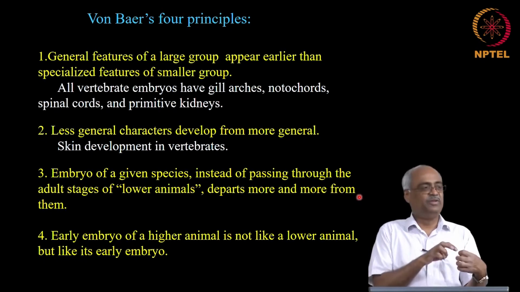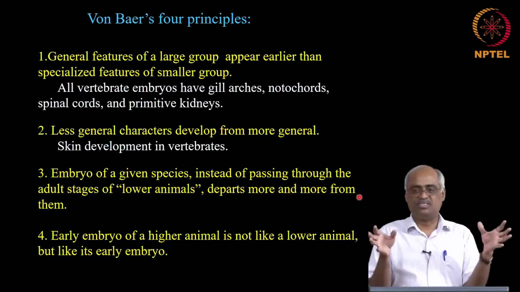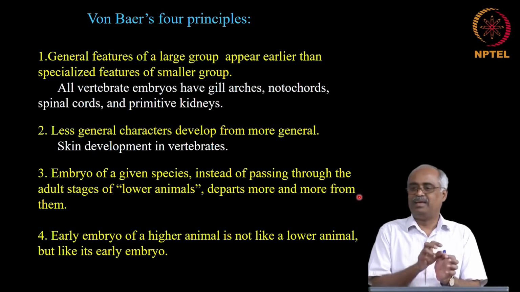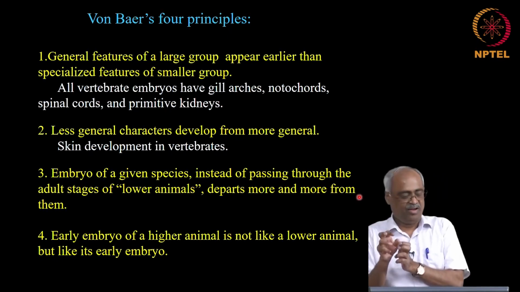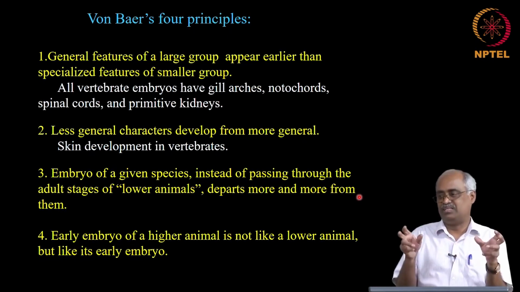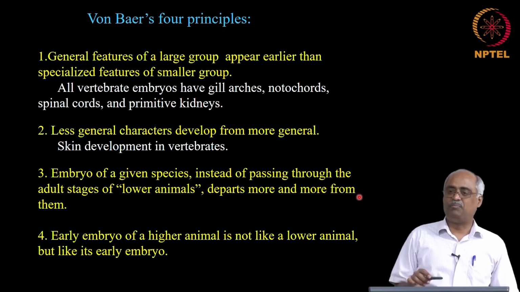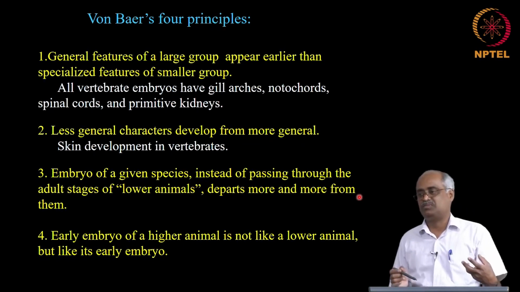So, very early during embryogenesis, the general features of the larger group are there, and as the embryo develops, you tend to lose that and you get specialized features. Okay. So, general features of the larger group appear earlier in embryogenesis.